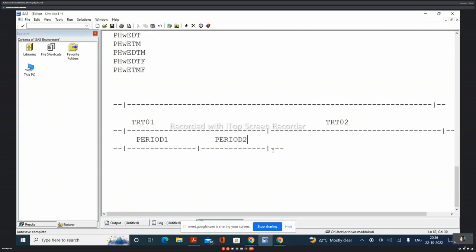Now tell me, within a period, how many sub-periods can we have? Within one period, we can have 99 sub-periods. I am taking only 2 sub-periods in this example: sub-period 1 and sub-period 2.